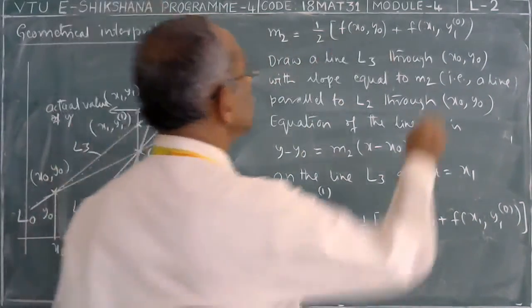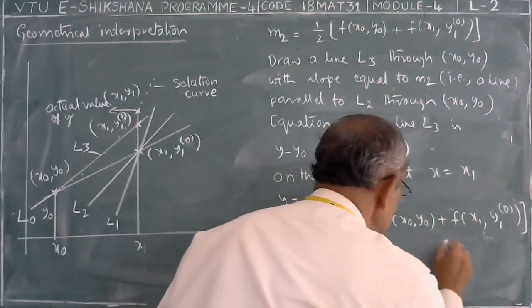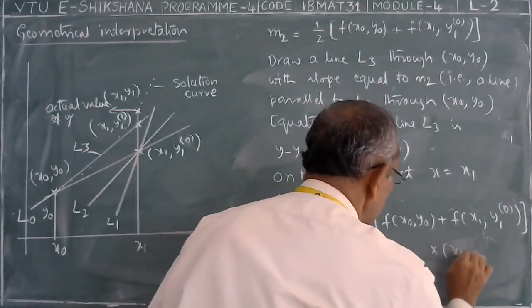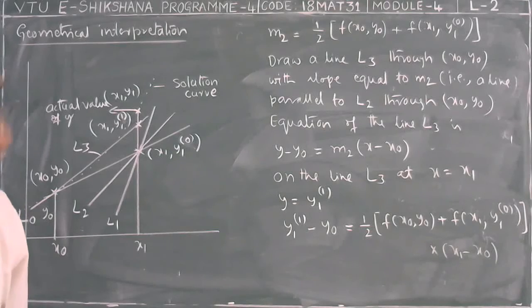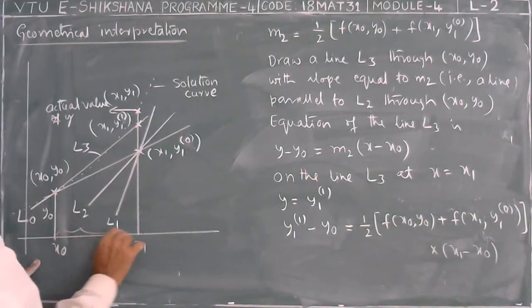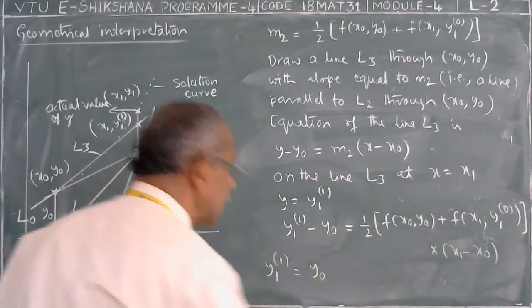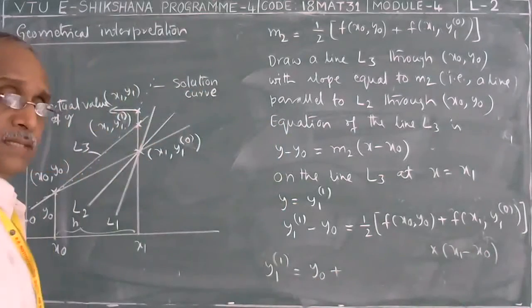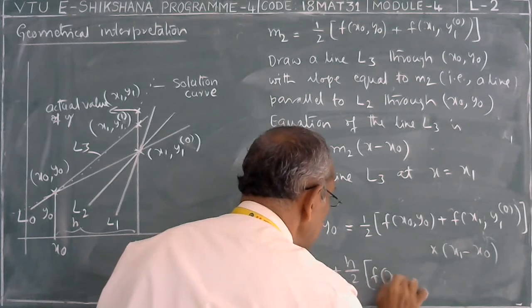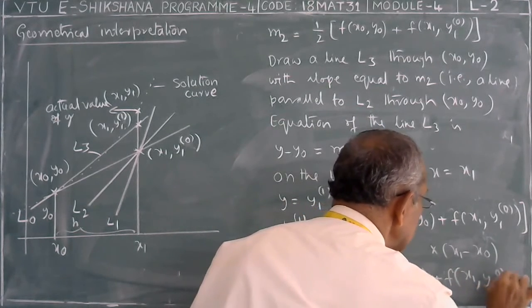Okay. So now x1 minus x0 is your h. So therefore, y1 1 is equal to y0, taking it to the RHS, y0 plus h by 2 into f of x0 comma y0 plus f of x1 comma y1 0.